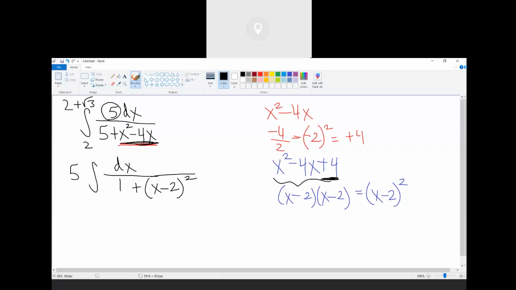Now we can use substitution. So I'm going to let u equal x minus 2. Take the derivative of both sides. So the derivative of u is du, and the derivative of x minus 2 is dx.